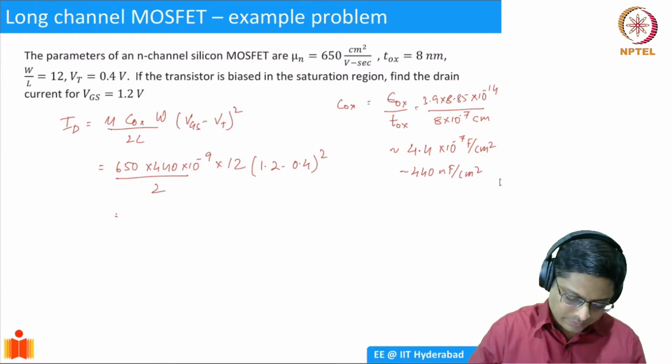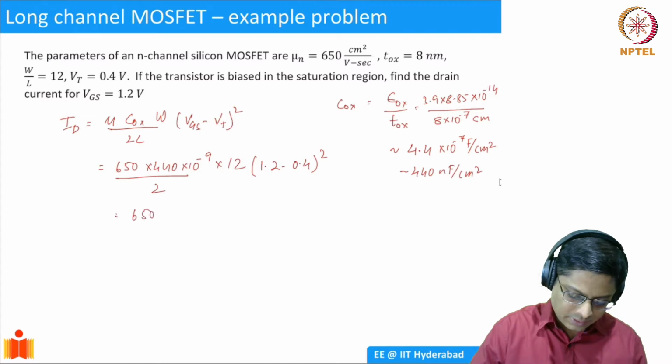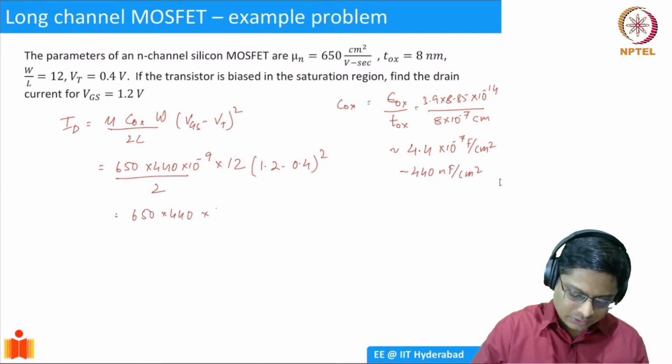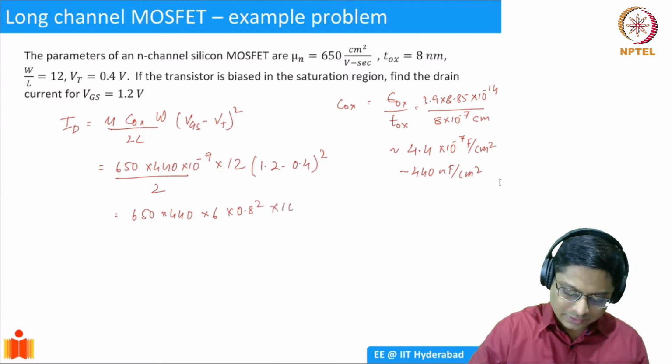So 650 into 440 into 6 into 0.8 whole square. There's a big 10 power minus 9 here.